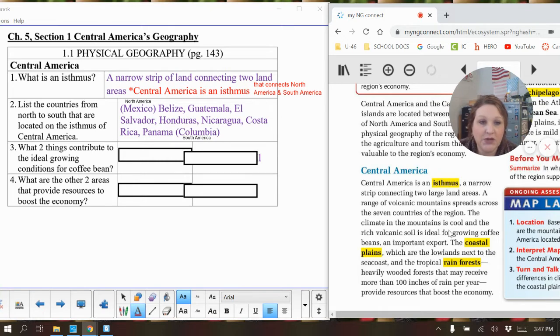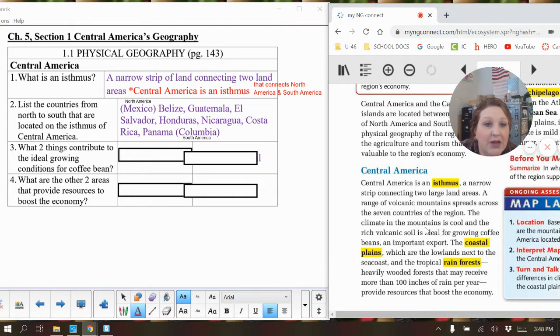So our next question, I believe I answered already in what we read here, but I'll read it a little bit again here. It says, what two things contribute to the ideal growing conditions for the coffee bean? So here is where it's talking about growing coffee beans. And it's before that talks about what helps it grow.